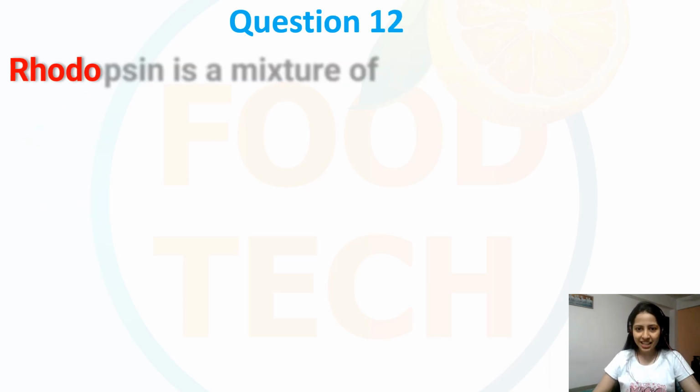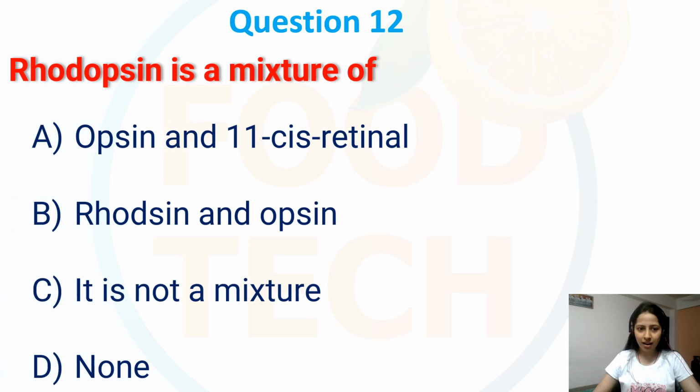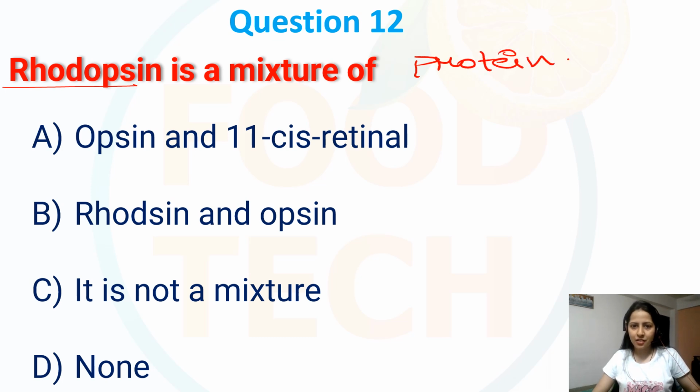Next, question number 12. Rhodopsin is a mixture of. Options are opsin and 11-cis retinol, rhodopsin and opsin, it is not a mixture, and none. So rhodopsin is a protein which is found in the rod cells of the retina.